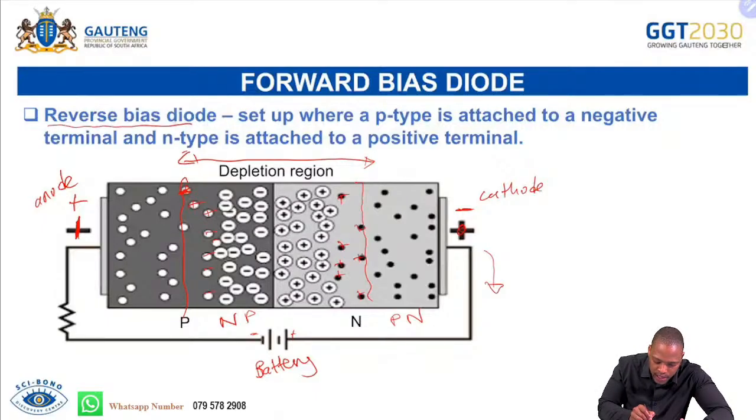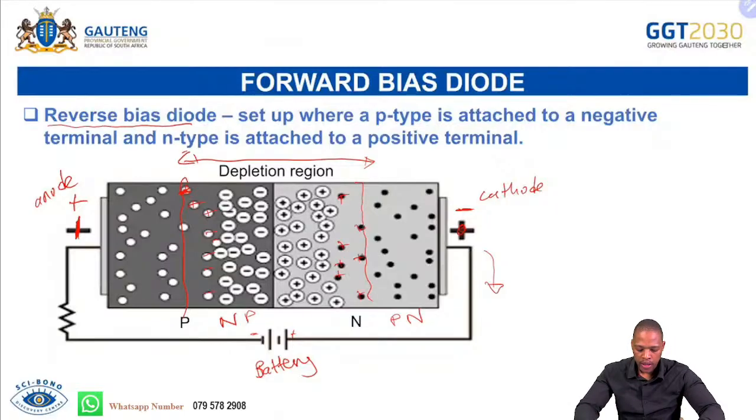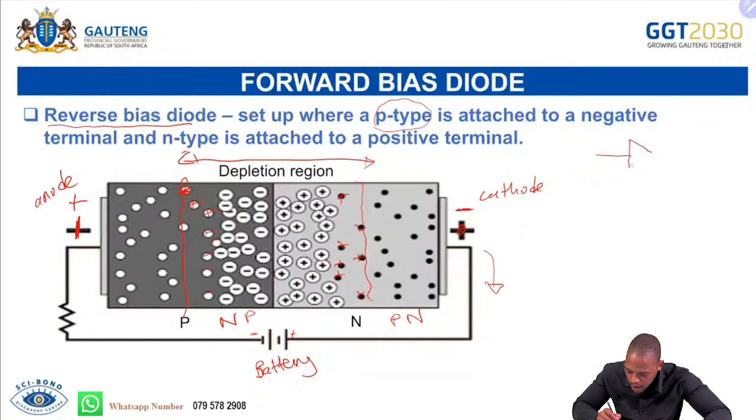So we are having what we call a reverse bias diode. This is a setup where a P-type is attached to the negative terminal of the battery, and an N-type is attached to the positive terminal of the battery. Let's try and draw it in a sort of circuit. You would remember this would be your cathode, negative, this would be your anode.